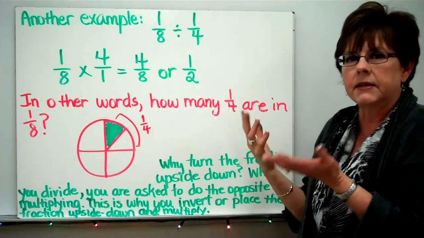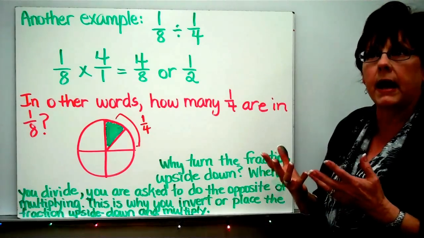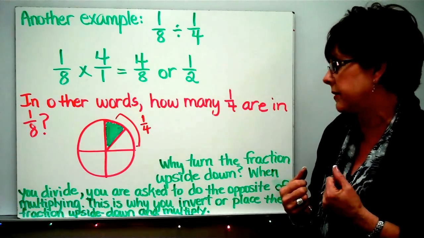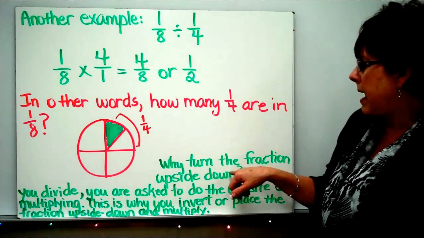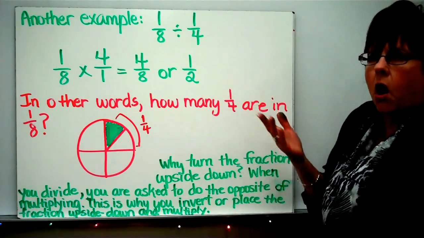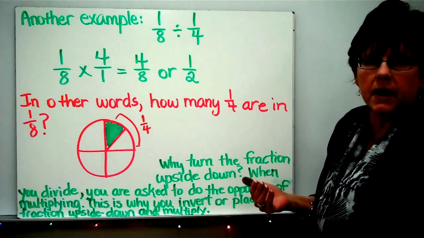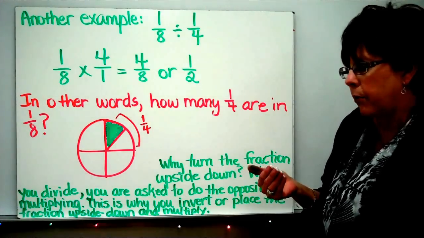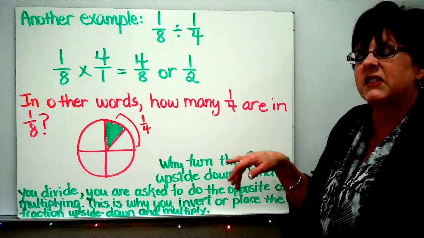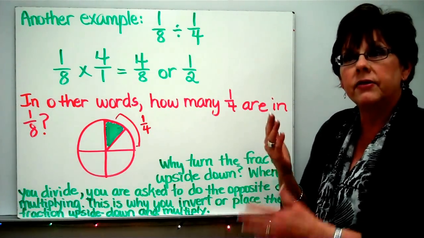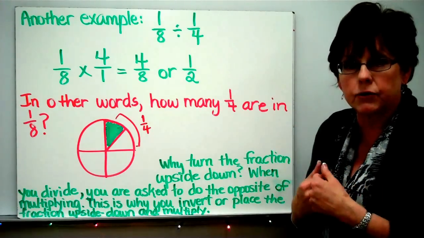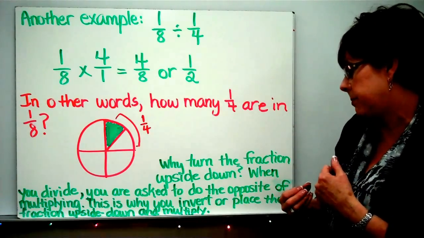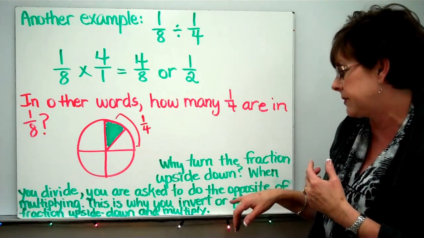So like I said, you're going to have to think a little bit differently about this. Now you might be saying, so why are you having to turn the fraction upside down? Why do you have to use a reciprocal? The reason is that when you're dividing, by the very nature of dividing, it's asking you to do the opposite of multiplying. You have to do the opposite.